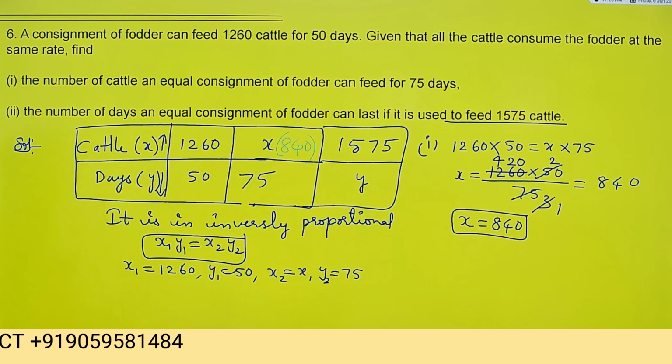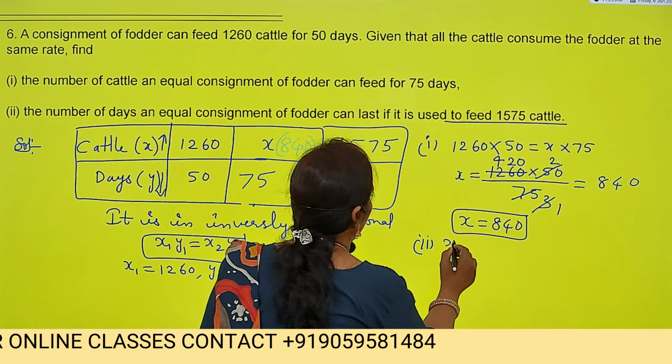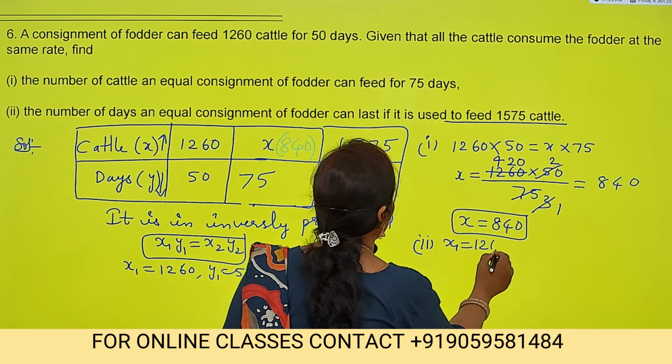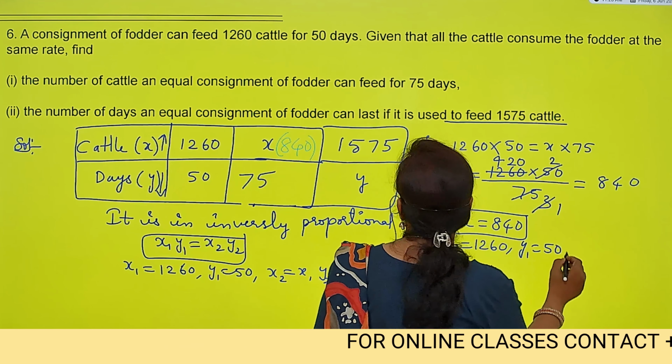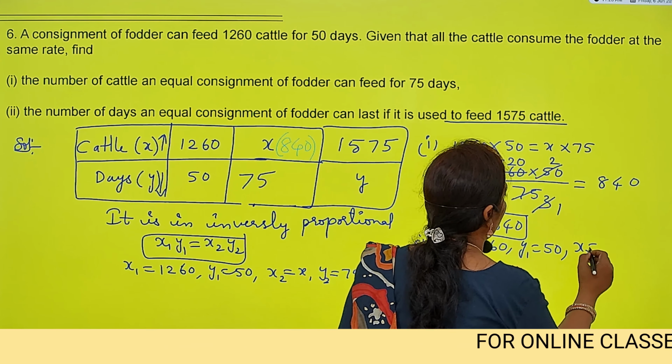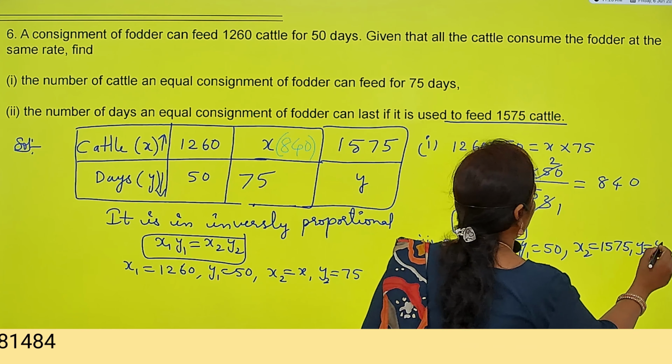For the second question, take the same x1 equal to 1260, y1 equal to 50, x2 equal to 1575, y2 equal to y.